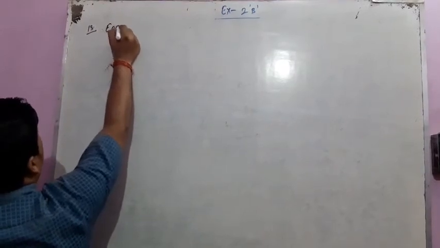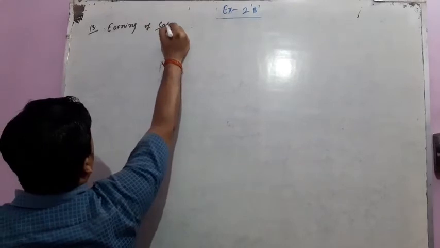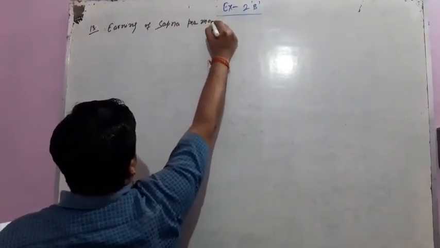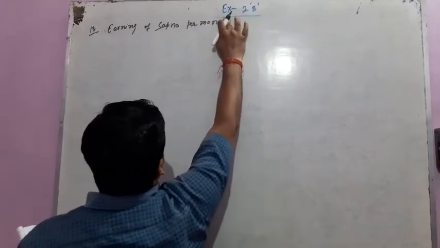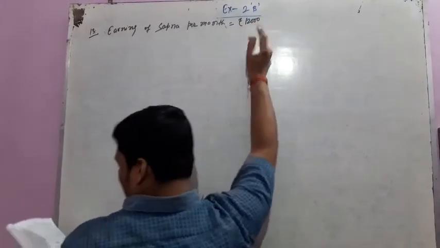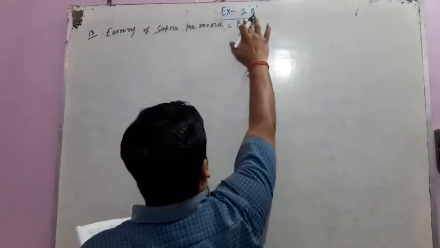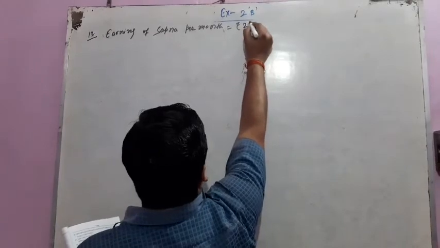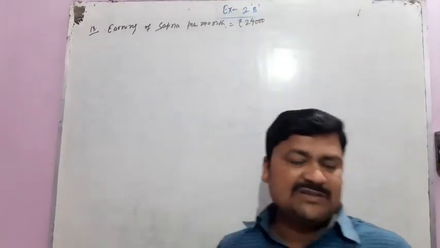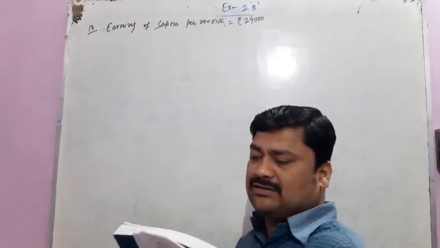Earning of Sapna per month, that is rupees 24,000. What Sapna earns? 24,000. She spends 7/8 of her income and deposits the rest.